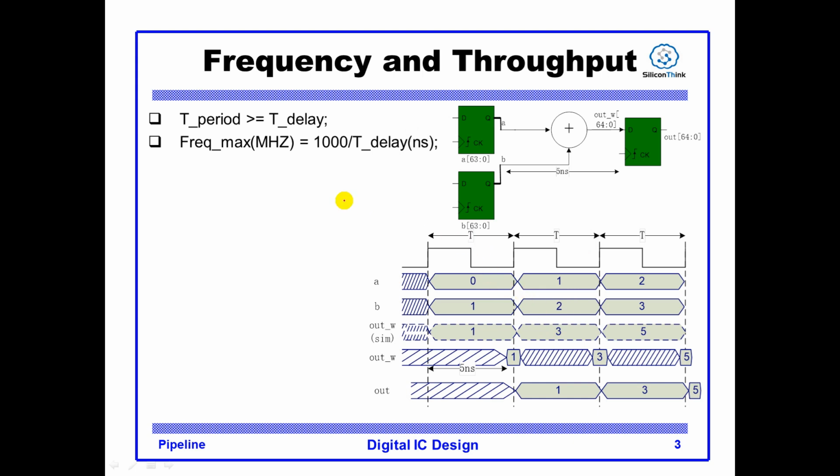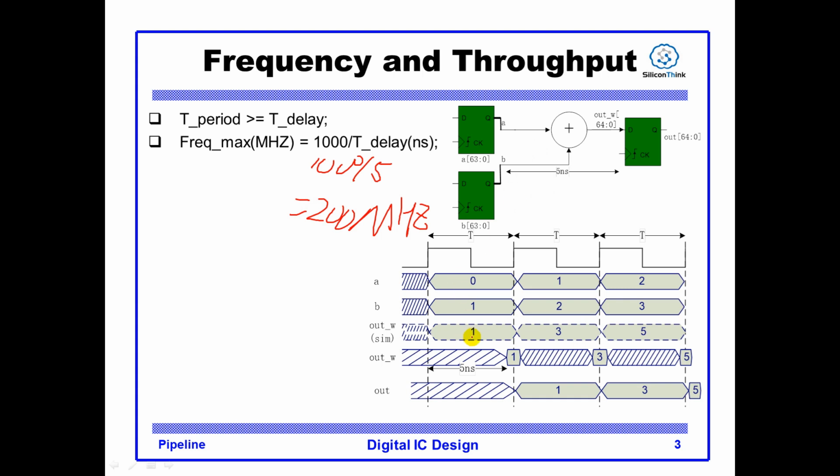You will get the answer that the maximum frequency should be 1000 divided by 5, which yields 200 megahertz. So this is the maximum frequency this circuit can run at.